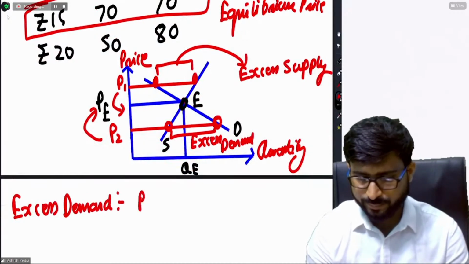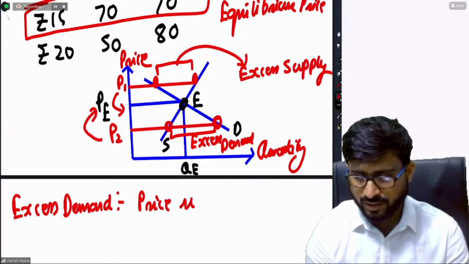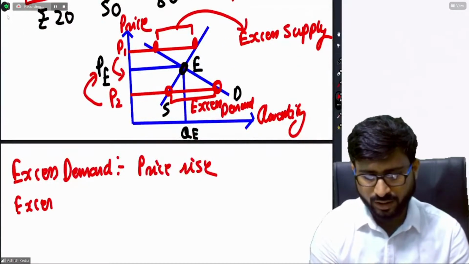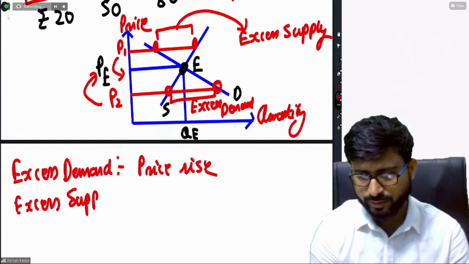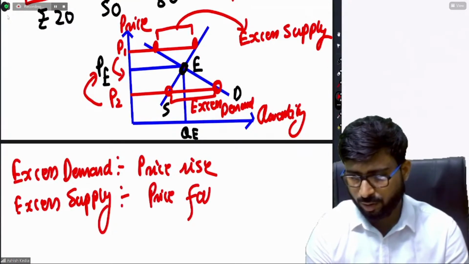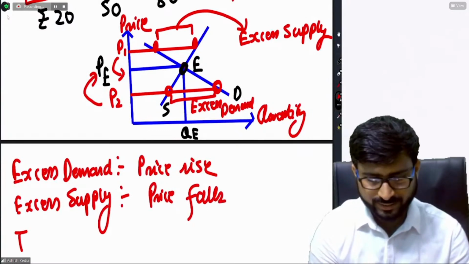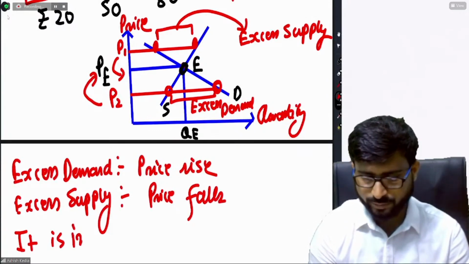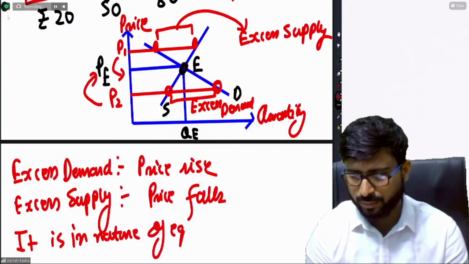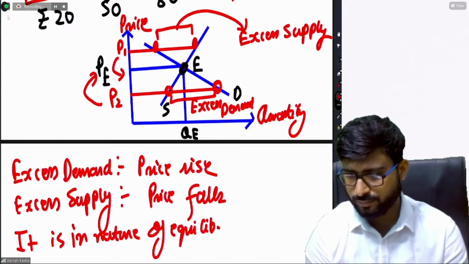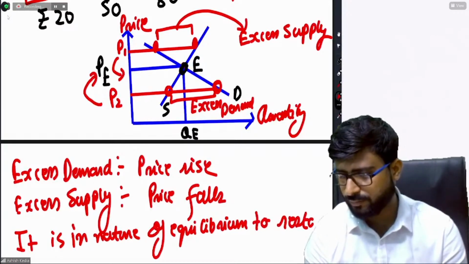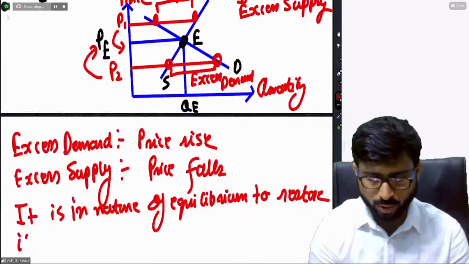Excess demand, price rises. Excess supply, price falls. Also, I told you one important thing. It is in the nature of equilibrium to restore itself.